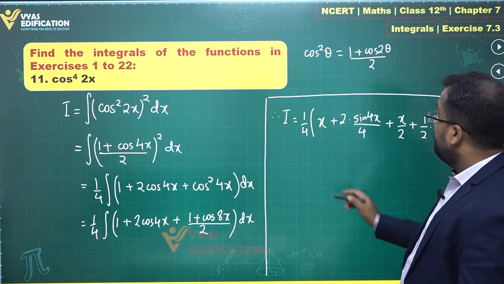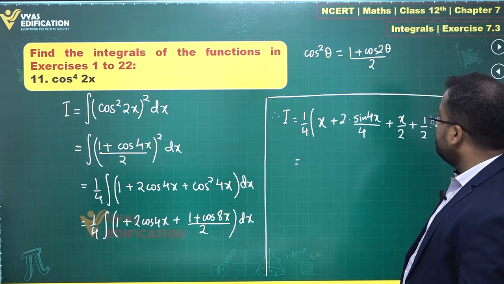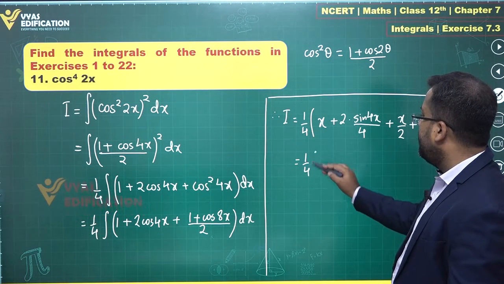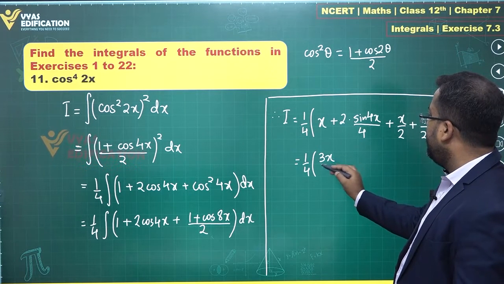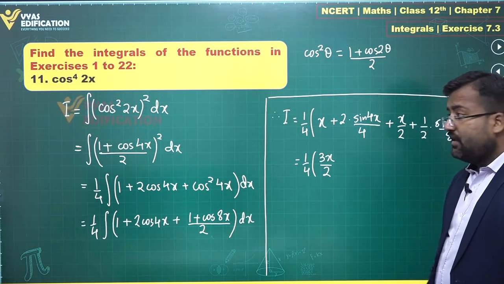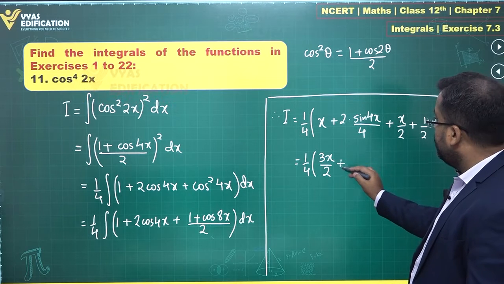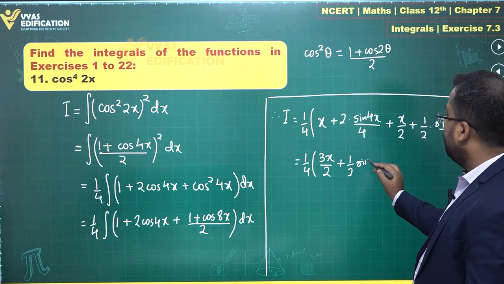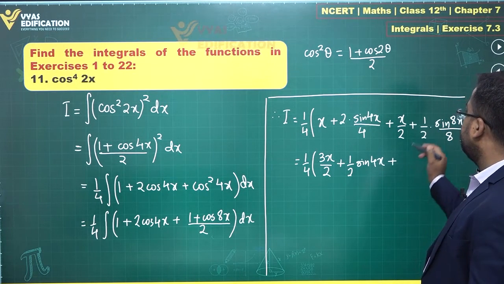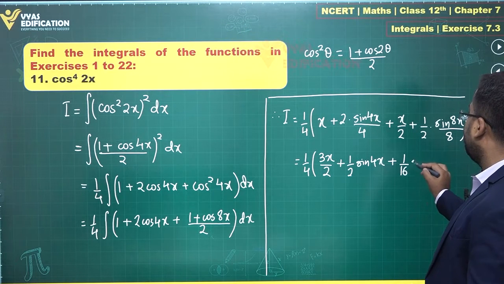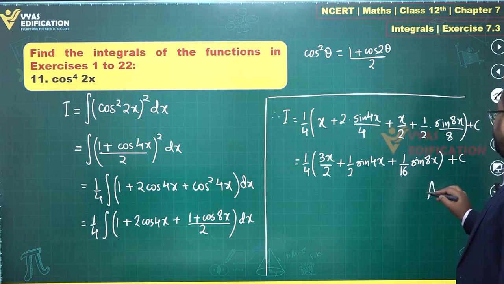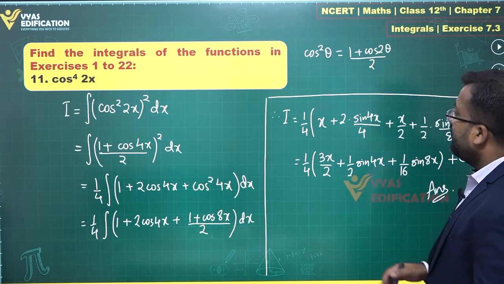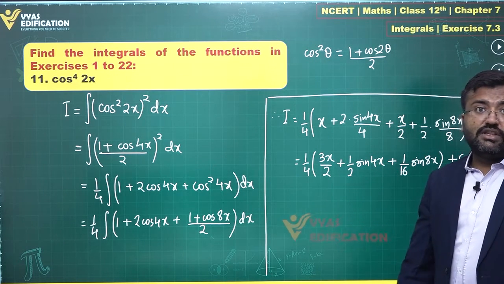So what will this give me? This is 1 by 4 on the outside. In the bracket you have x plus x by 2, which is 3x by 2, then you have 1 by 2 sin 4x plus 1 by 16 sin 8x plus a constant of integration, and that is the required answer for this question, as you can see over here.